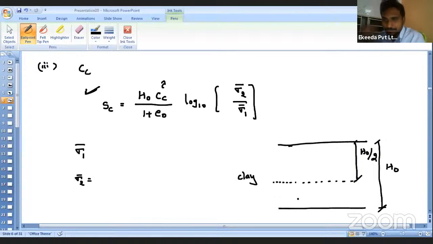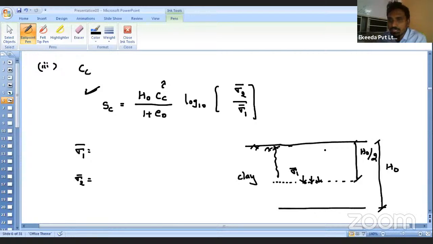Now, what are sigma 1 bar and sigma 2 bar? Let us say this is the natural condition of the soil. At this level, do you think the effective stress is equal to 0? The answer is no. Why? Because the soil is also present above this layer. Because of the soil above the center of the clay layer, the stress acting at the center is represented by sigma 1 bar.